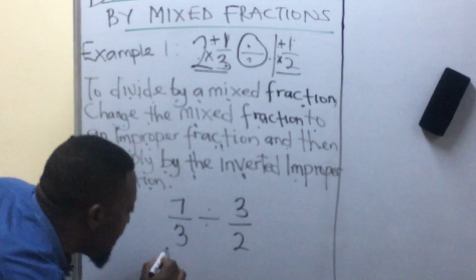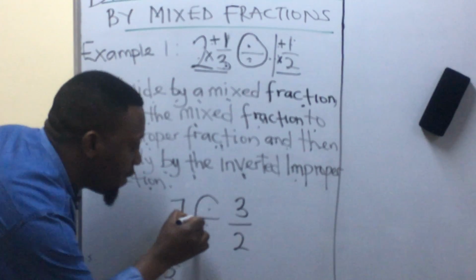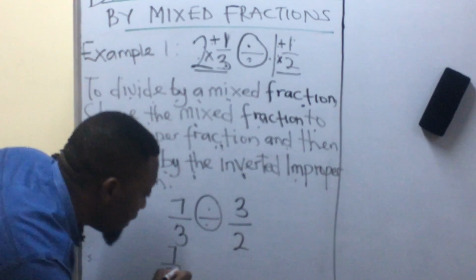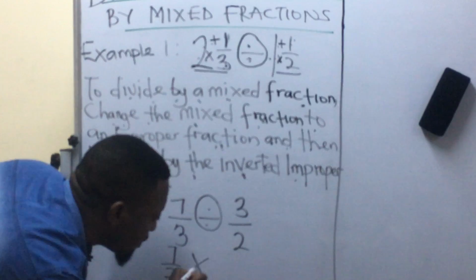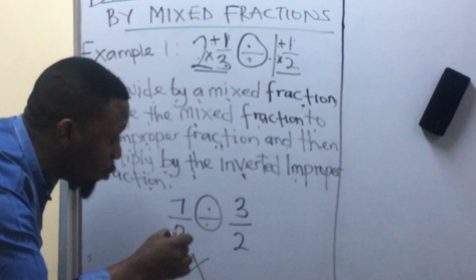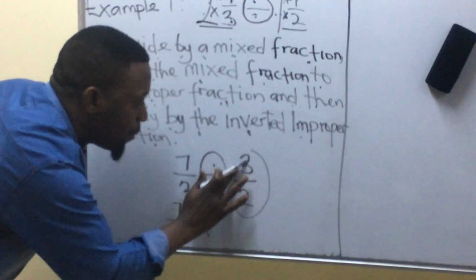So I proceed by saying 7/3. Then this sign of division will change to multiplication sign. Then when this sign changes, don't forget, in our previous class I told you, the fraction here will also change.